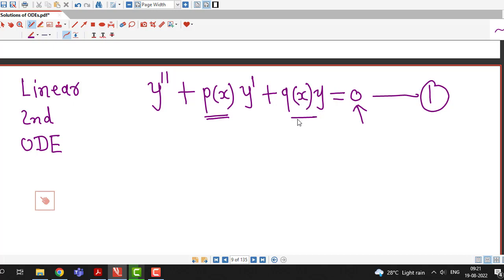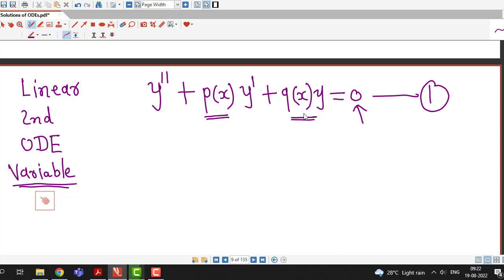Here the coefficients can be functions of x also, and we don't know the methods for solving differential equations with variable coefficients. That is the reason we have this chapter known as series solution. Whenever we have a linear differential equation with variable coefficients, we cannot apply the methods which we have discussed so far.